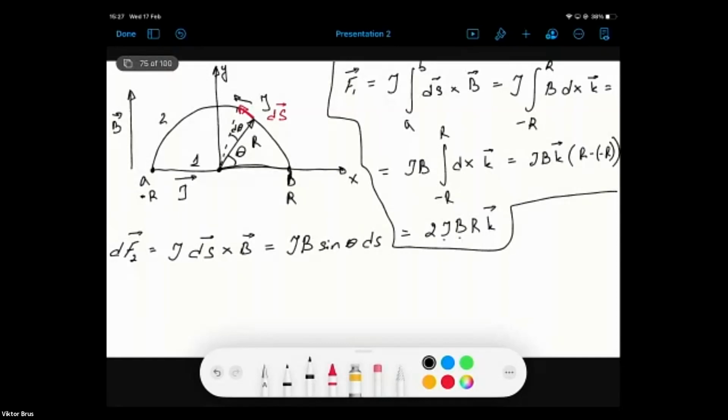So let us see what will be the direction of the magnetic force if we direct our four fingers of the left palm in the direction of current through this segment 2, and the magnetic field goes into our palm. Then we see that the thumb will show us the direction opposite from the previous direction.